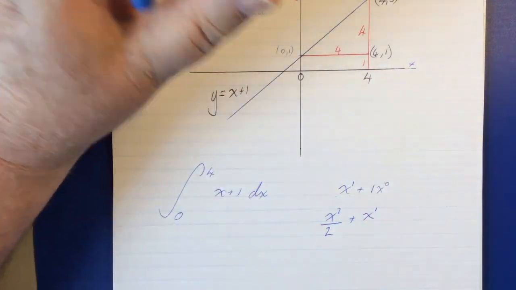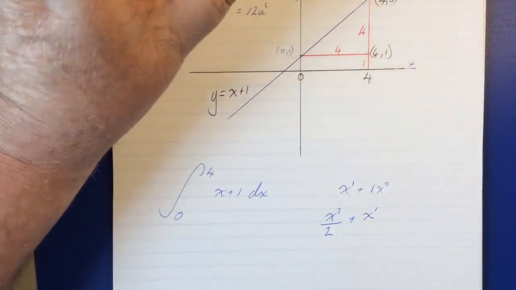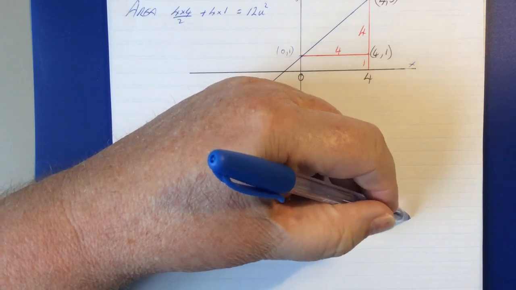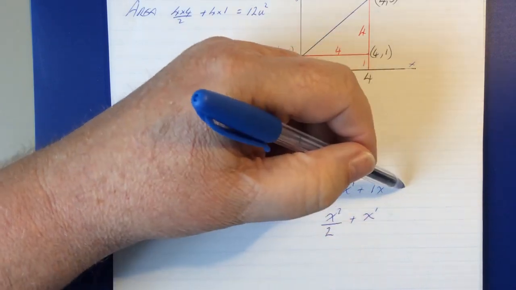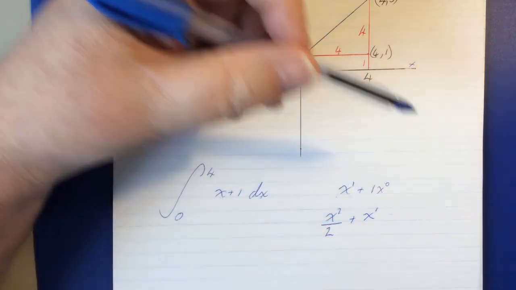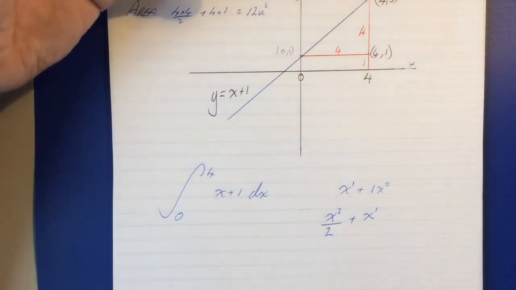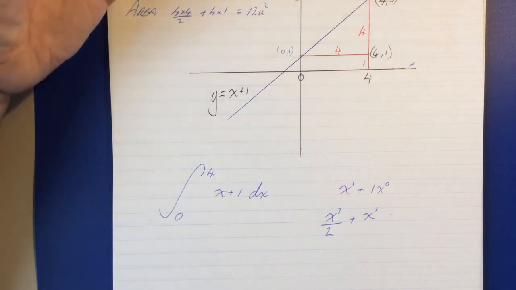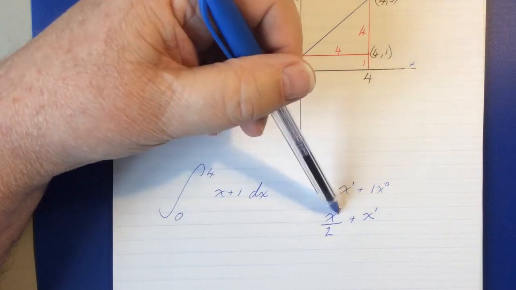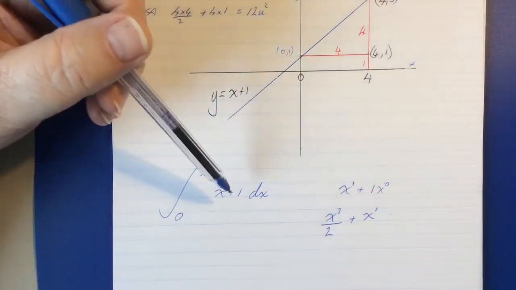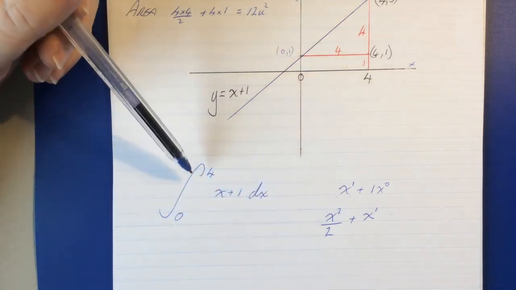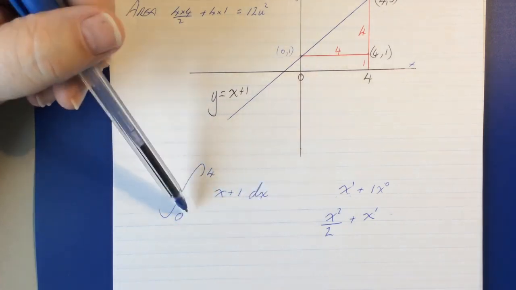Now, when you've been taught how to anti-differentiate, you would have learnt that you put a value here, c, because you don't know what was here in most cases. Now, when we're dealing with what's called a definite integral, we don't do that. We're interested in these things here. And the notation for the creation of a definite integral looks like this.